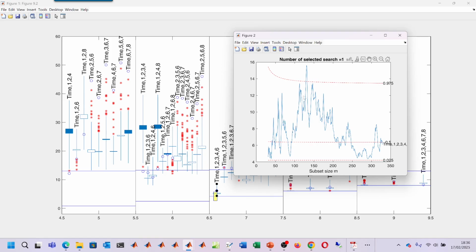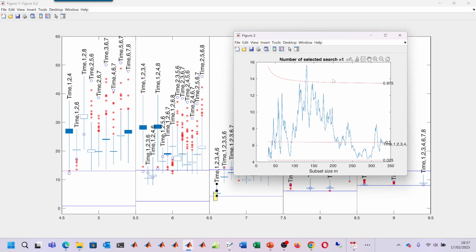Finally, note that when we select the particular trajectory, in the plot which comes out, we have the lines associated with the quantiles of the F distribution 0.025, 0.975, and also the line associated with the median. On the other hand, here we don't have the line associated with the median.